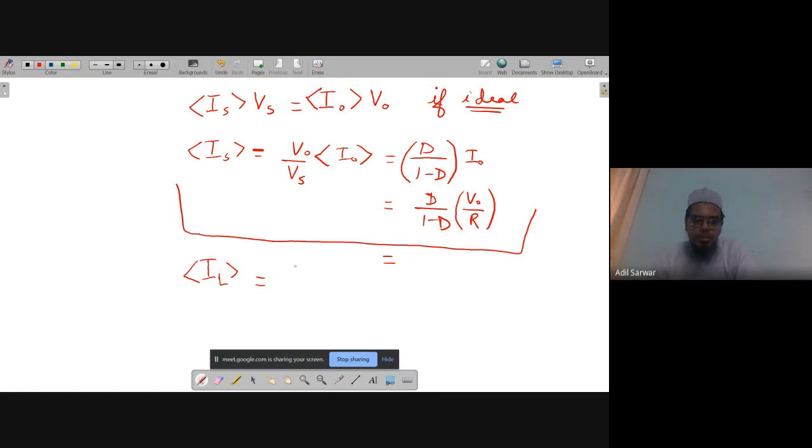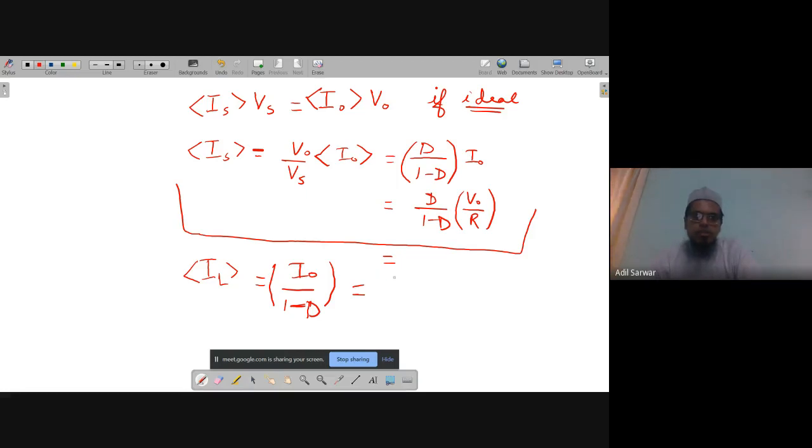IL average will be given by I naught upon 1 minus D. This would be the relation between the average inductor current and the output current. This can also be obtained if you just see the waveforms of the currents; from there you can find this relation. I'm directly using this relation.